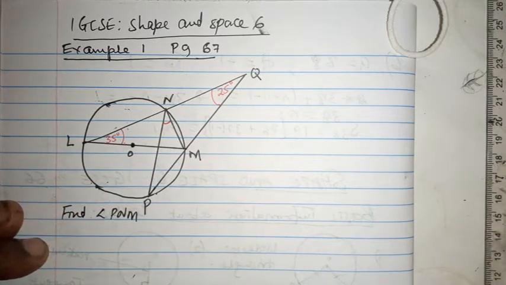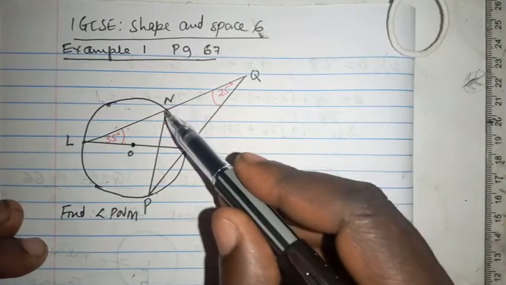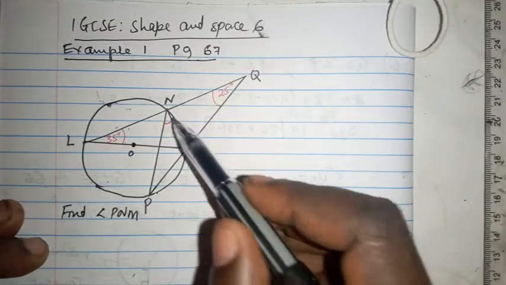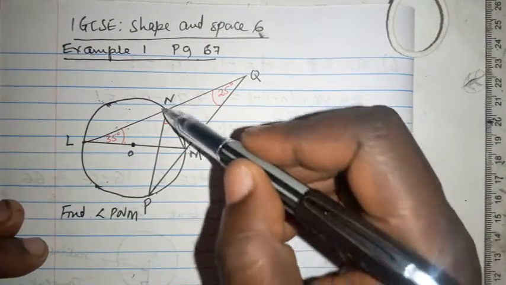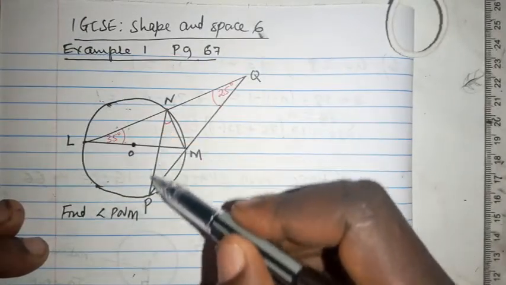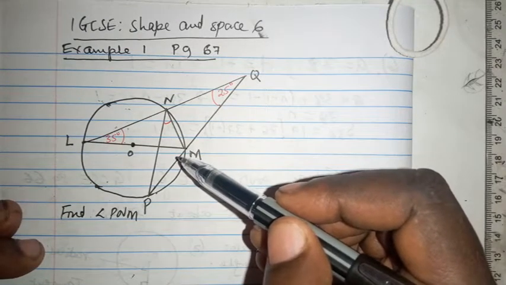Basically, when we have this angle as 35 and it is subtended by this chord to the circumference, you realize that the same chord subtends this angle to the same circumference in the same segment.